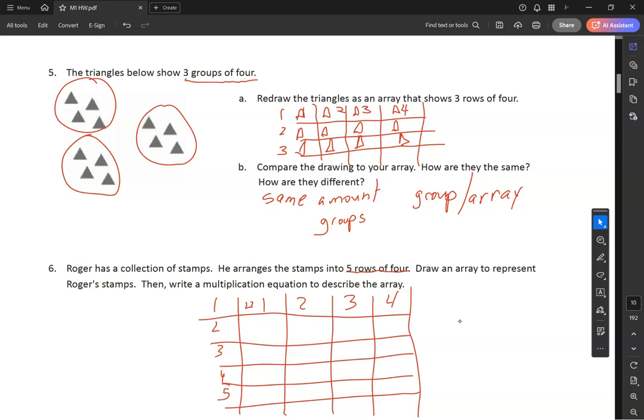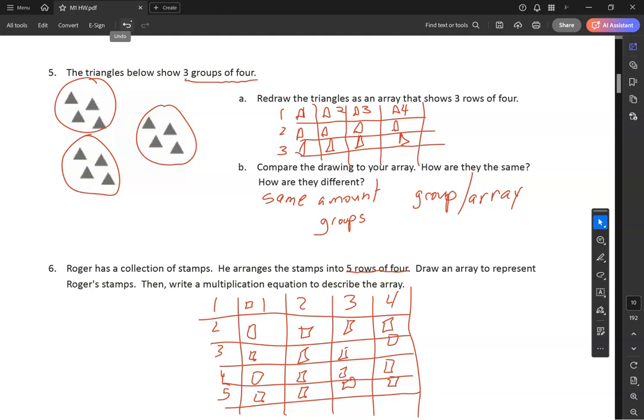I'm just going to draw a little square for stamps. Okay. So now we're going to write a multiplication equation.